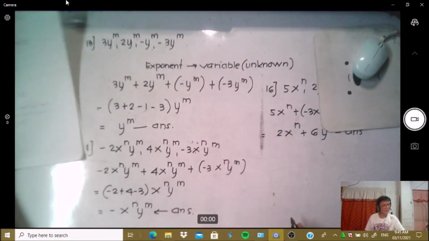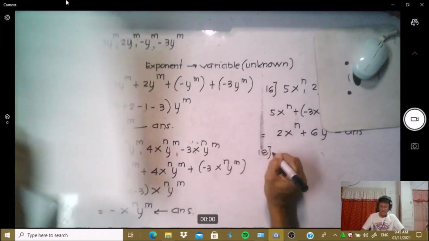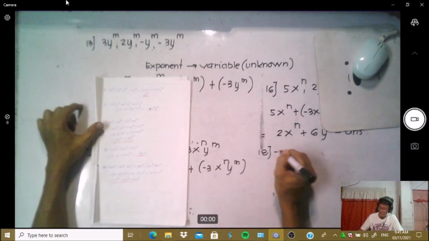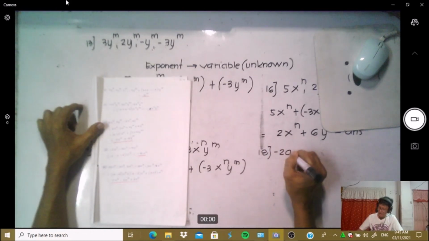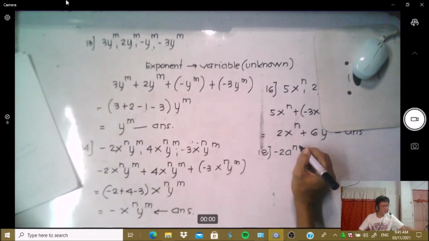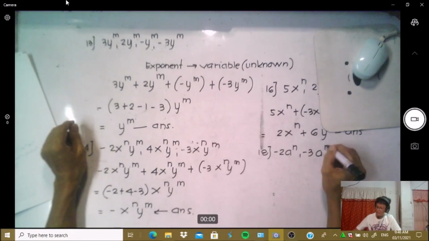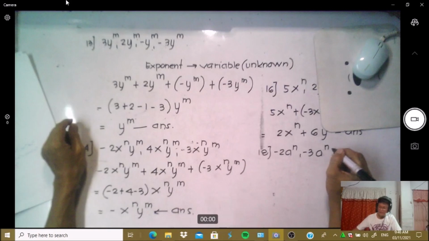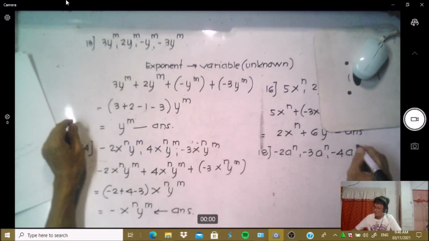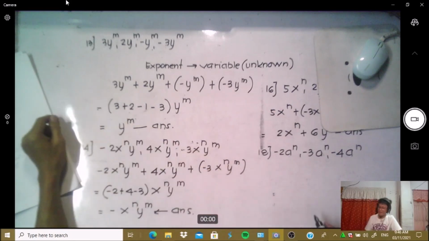Let's proceed to number 18. For number 18, we have negative 2a raised to n, negative 3a raised to n, and negative 4a raised to n. You will see in this problem that all our coefficients are negative.